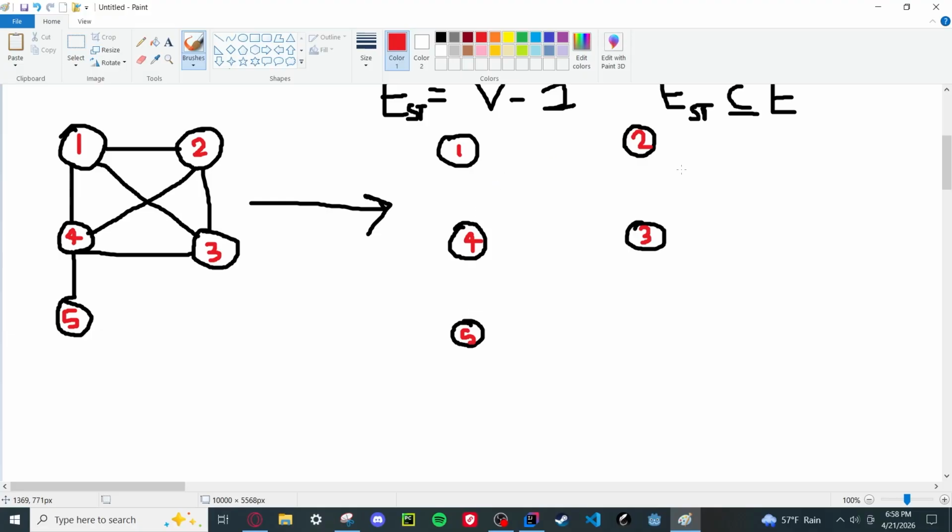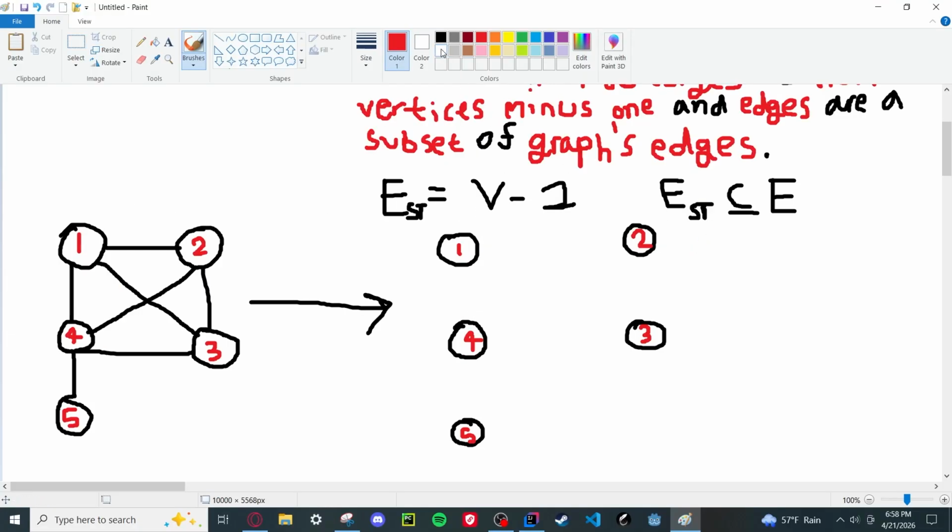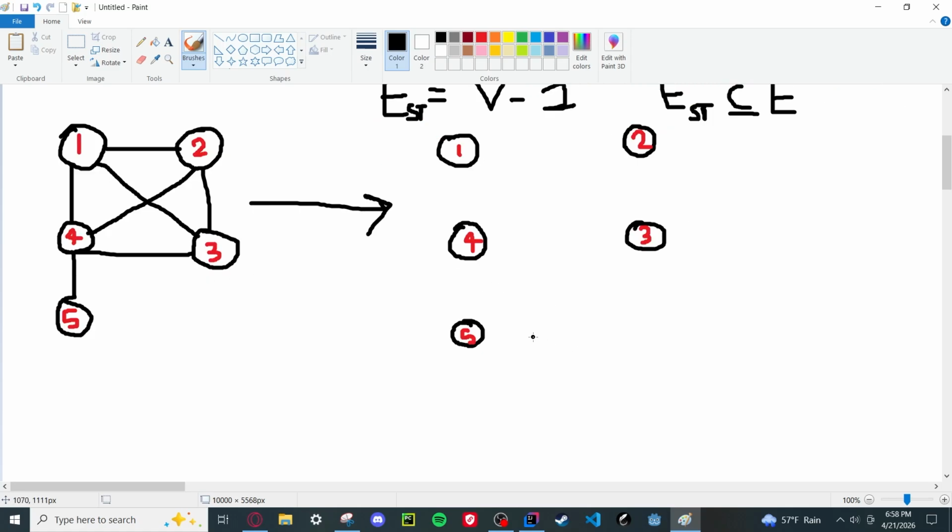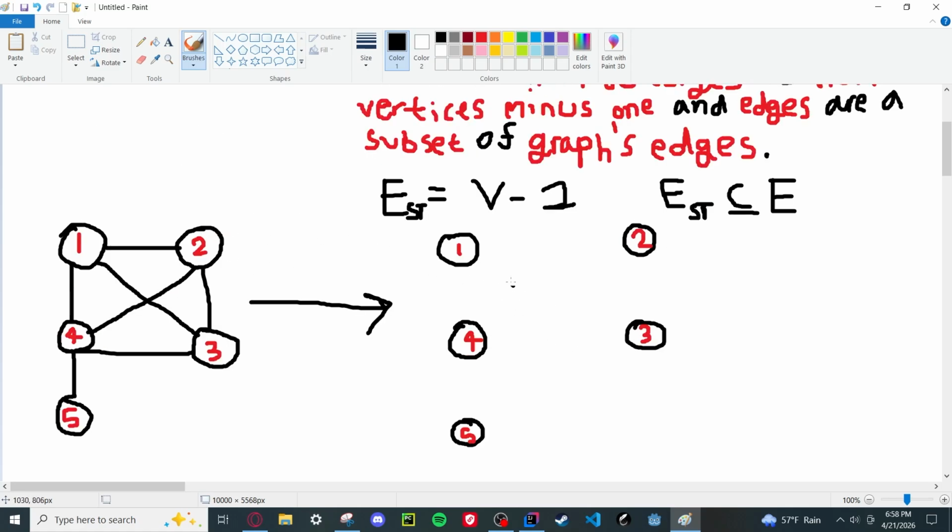Now they don't have to be in this order, but remember that the edges that we choose have to be from this graph only. So it's better if you just keep your vertices in the same order, so you're more likely to not create any new edges.